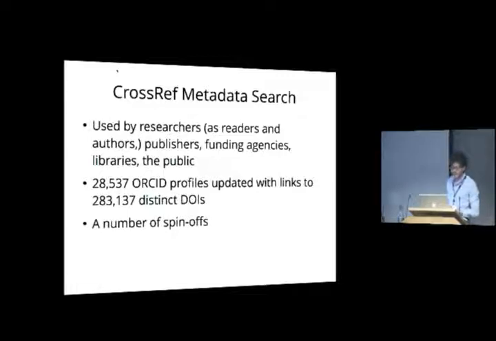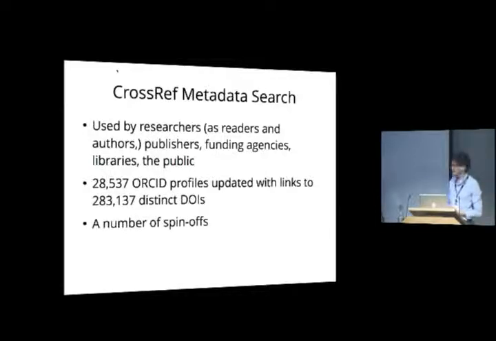Funding agencies are using it to report on what they fund. Libraries link out to it. They direct their readers to use it. And there's a feature of CrossRef metadata search that allows anyone signed into it with an ORCID profile to add DOIs to their ORCID profiles.